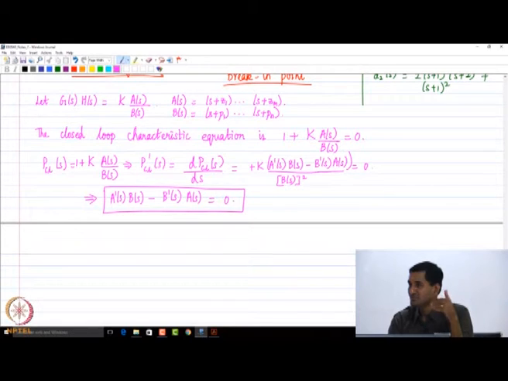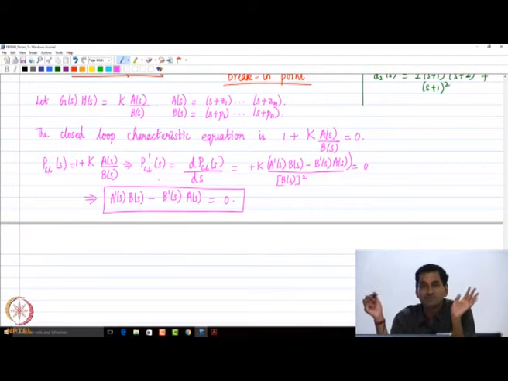If b(s) tends to infinity also, this can be 0, but why can I not have b(s) tending to infinity? What is b(s)? It's (s plus p1) all the way till (s plus pn). When do you think that will tend to infinity? When s tends to infinity, but we are looking for breakaway break-in points on the real axis which are finite, so we eliminate that possibility, right?